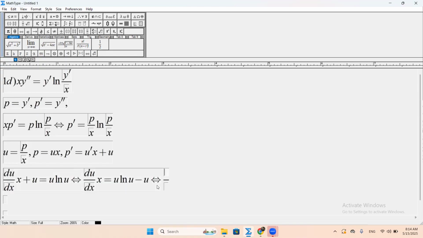Then we receive that du over this expression equals dx over x. Now we will integrate both parts of this differential equation.